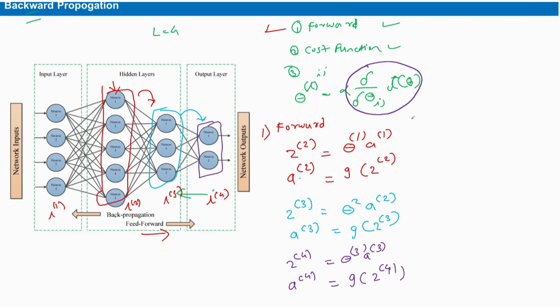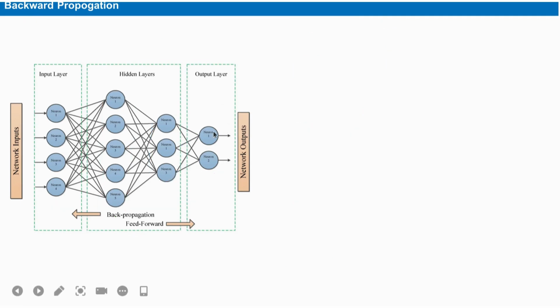We computed the forward propagation, meaning the activation of the output layer, along with the cost function. Now we need to compute all the derivatives. So in the backward propagation, we need to find out the delta.